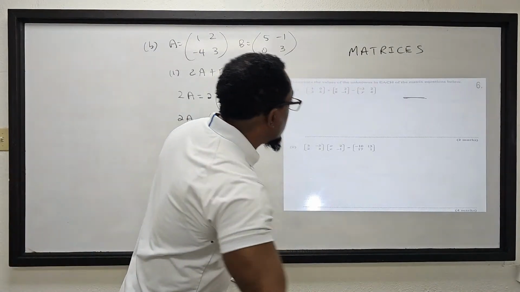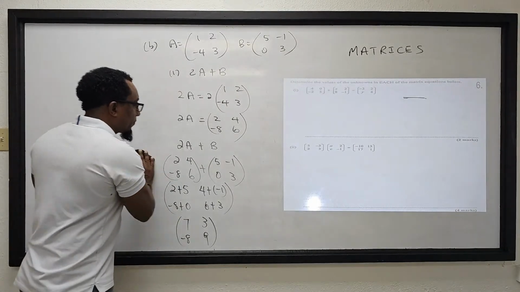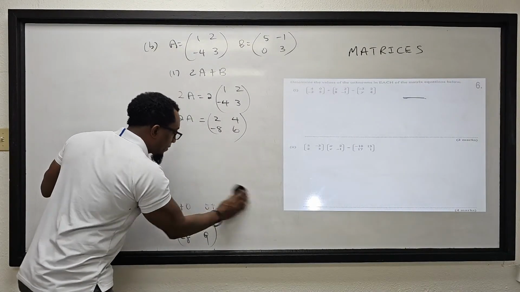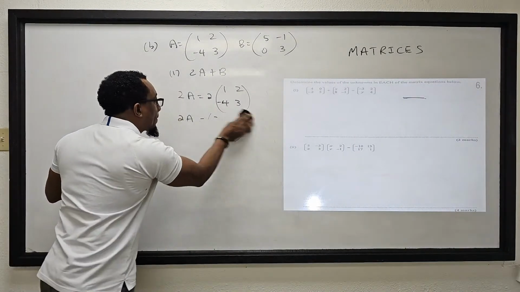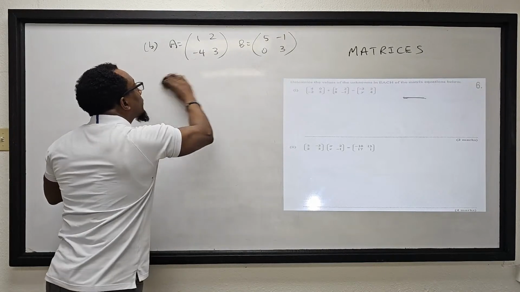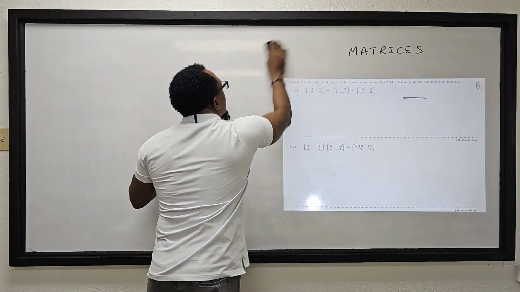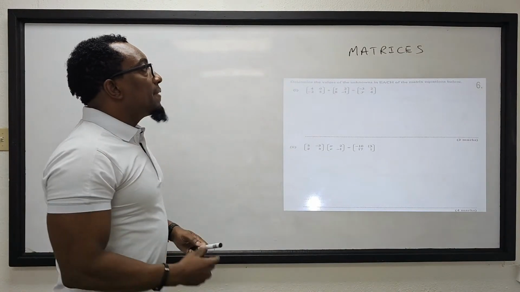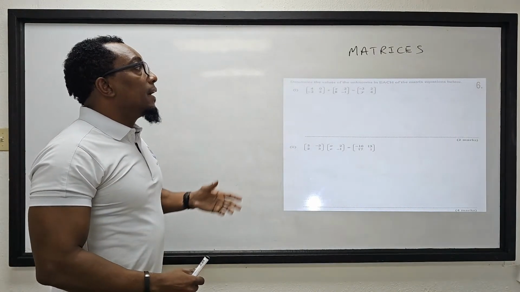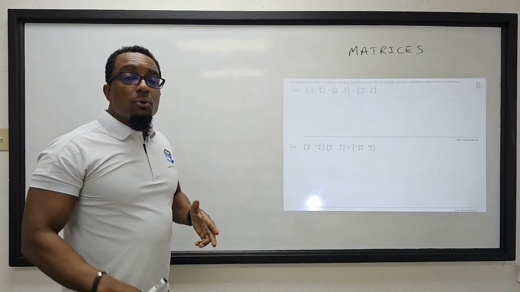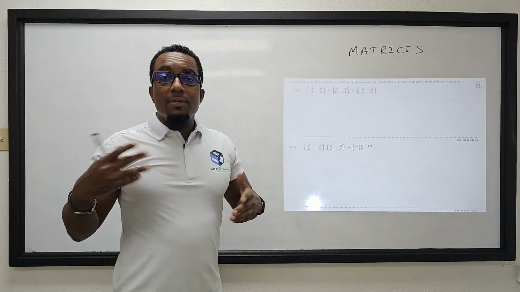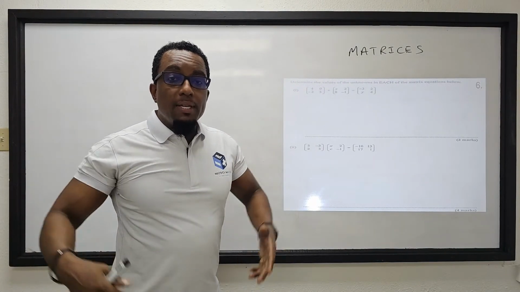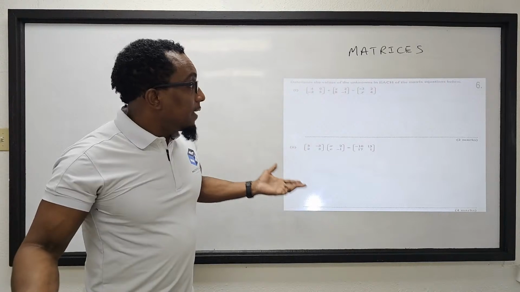Right, let's move on to question 6. Determine the values of the unknown in each of the matrix equations. So with matrix equations, you have to know how to solve for unknown quantities when given a matrix equation, right?